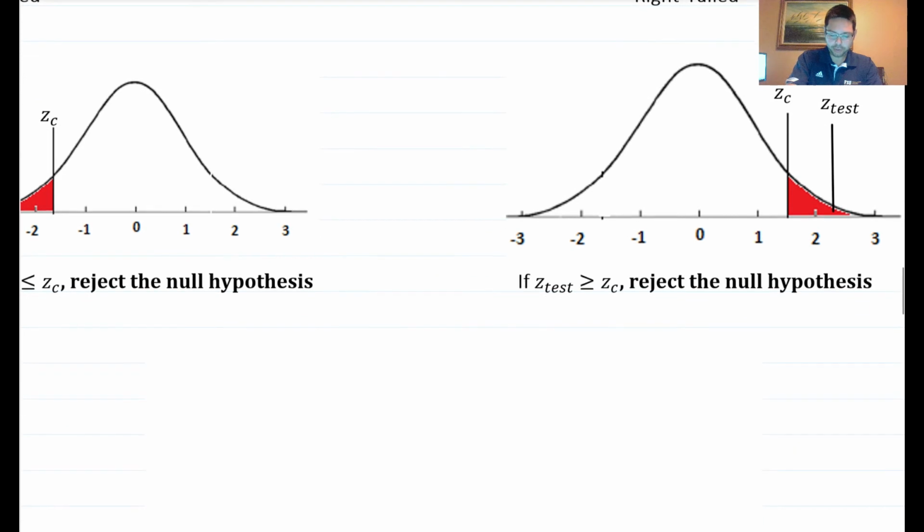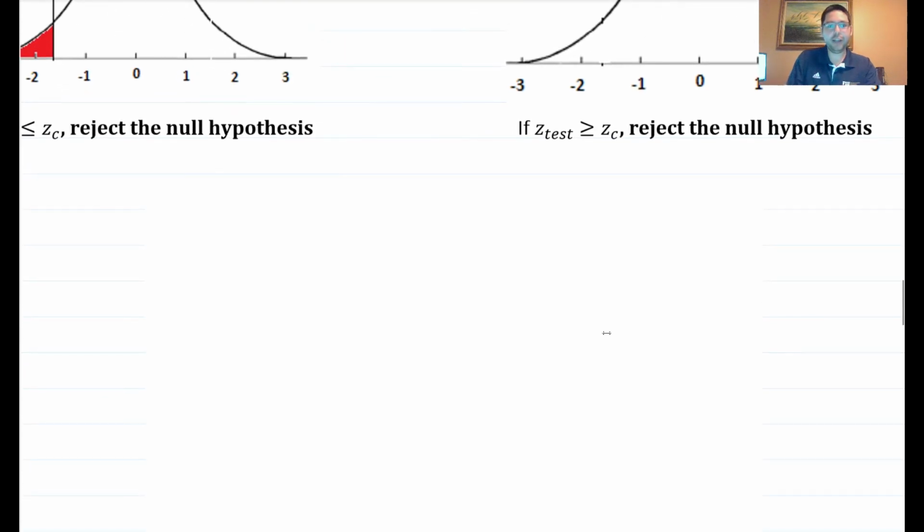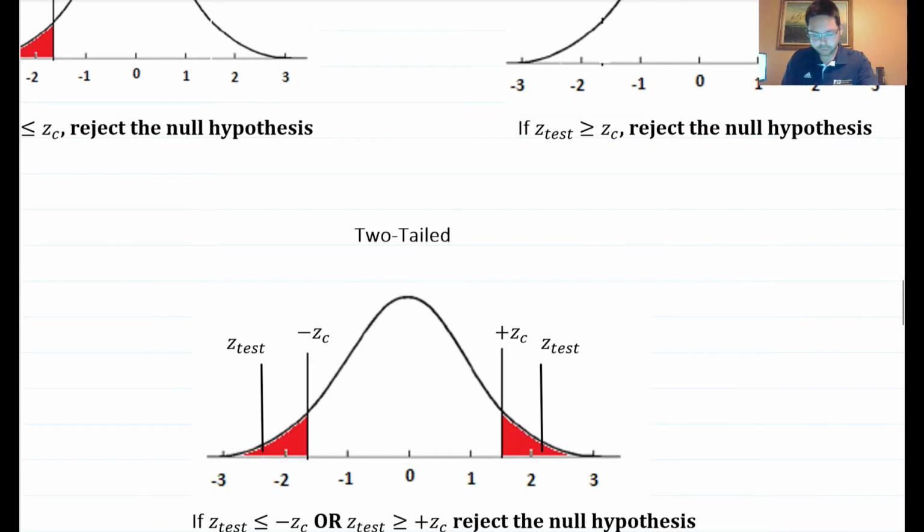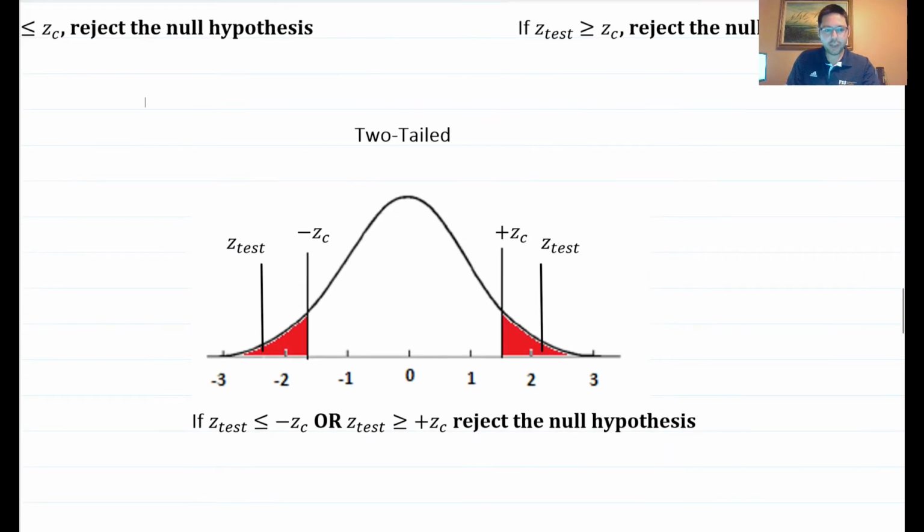All right, now for a two-tailed test, it's the last case here. You're going to have two criticals, right? A negative critical and a positive critical because of the two tails. If your z-test is either to the left of your negative critical or to the right of your positive critical, then you reject, based on the image. That's shown here.